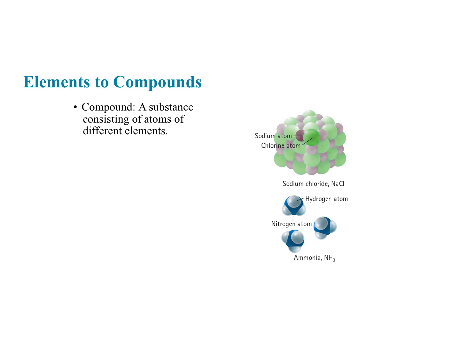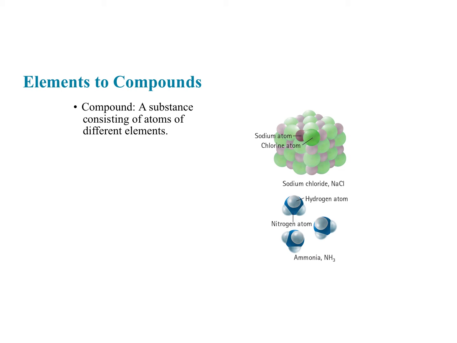Now, if we take two or more different elements and combine them together, we create what's called a chemical compound. Here are a couple of examples of different compounds. We have sodium chloride, where you can see sodium atoms packed together with chlorine atoms. The little purple ones are representing the sodium atoms. The slightly larger green ones are representing the chlorine atoms.